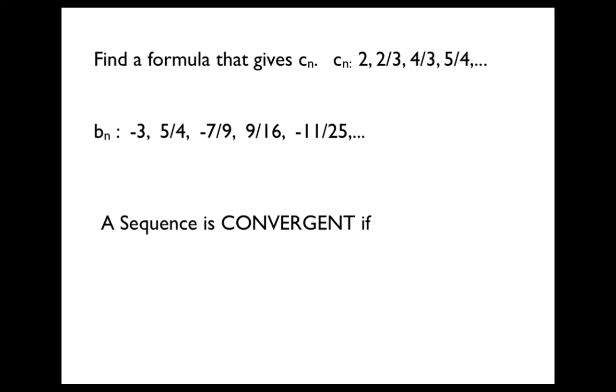Okay, so then we talk about a sequence is convergent. A sequence is convergent if, as you continue to include more and more terms, those terms get closer and closer and closer to one particular value. So this is the same as what?